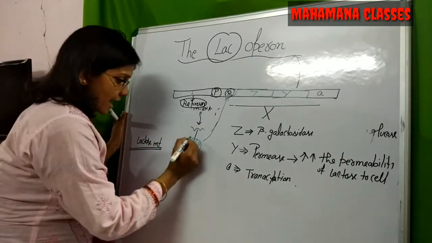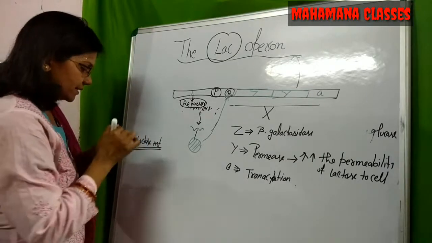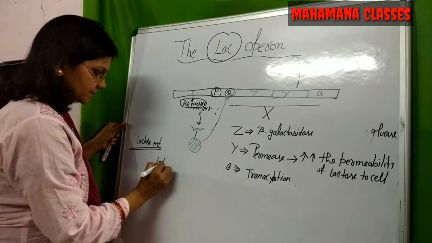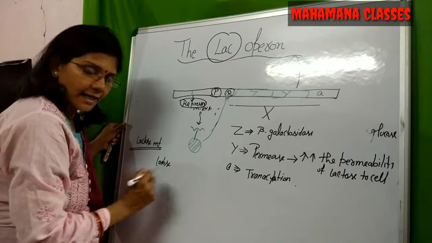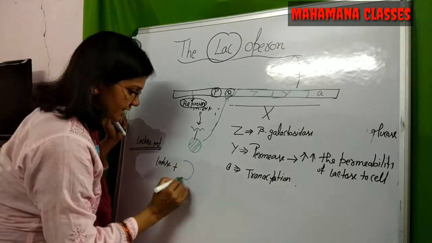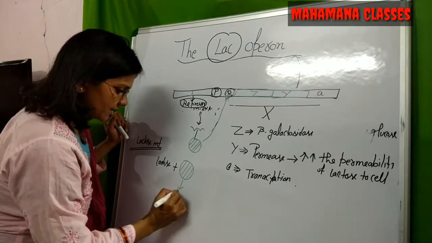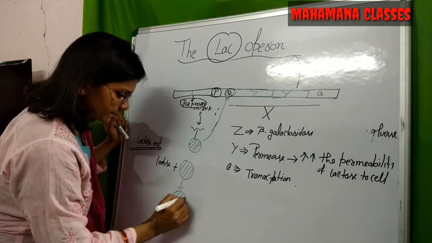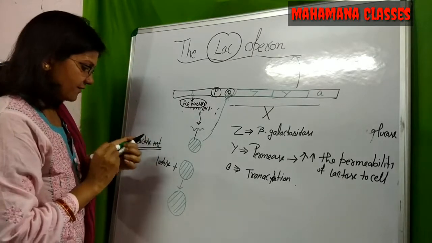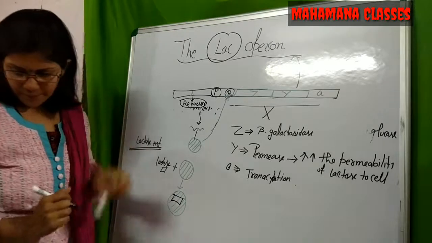But now if lactose is present, it is your lactose, it will bind to this repressor. Okay, and what is going to form? If I just draw it as this, then it will form this one.